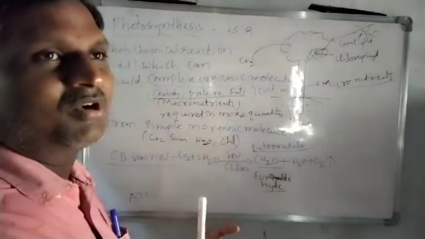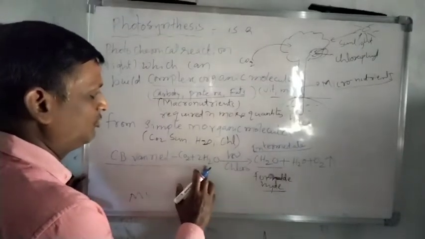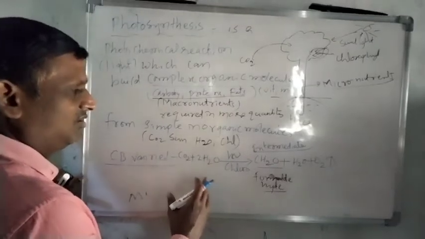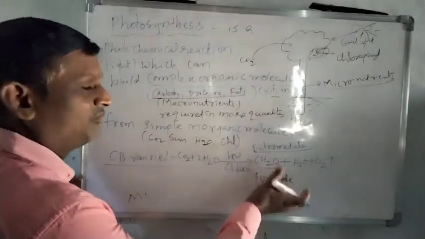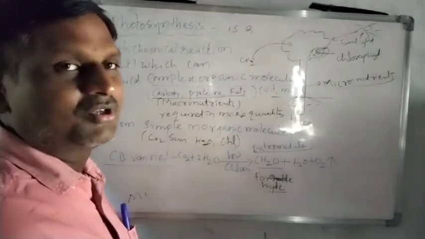How is a complete carbohydrate formed? If we take one carbon dioxide and two water molecules, CH2O is formed. But for the formation of a complete carbohydrate, how many water molecules and carbon dioxide molecules are required?